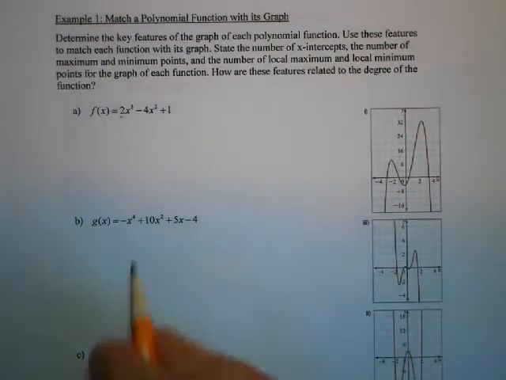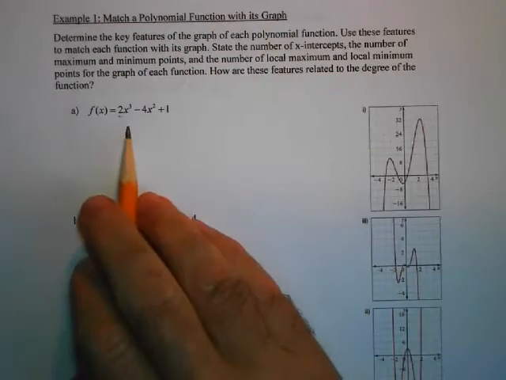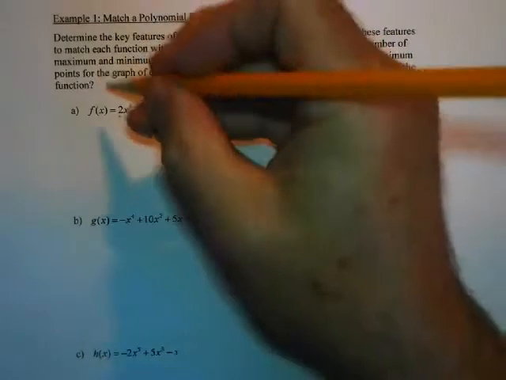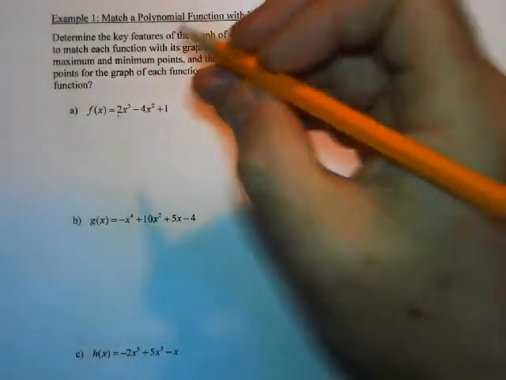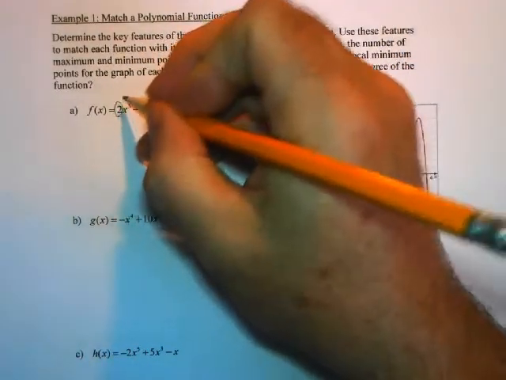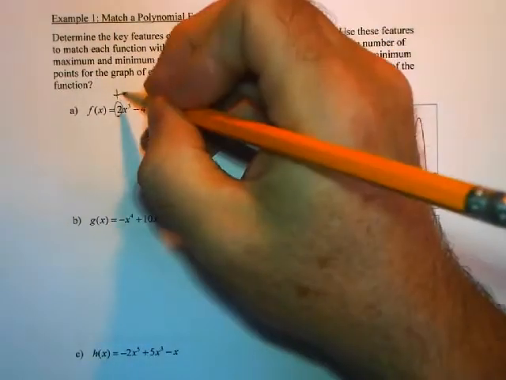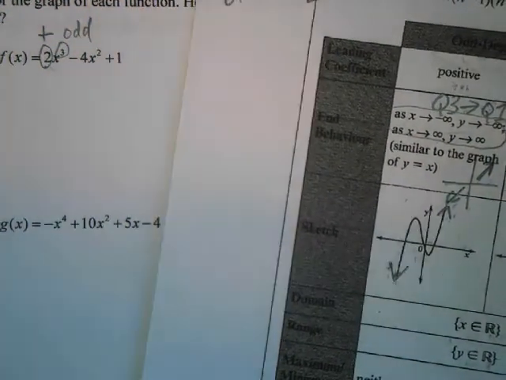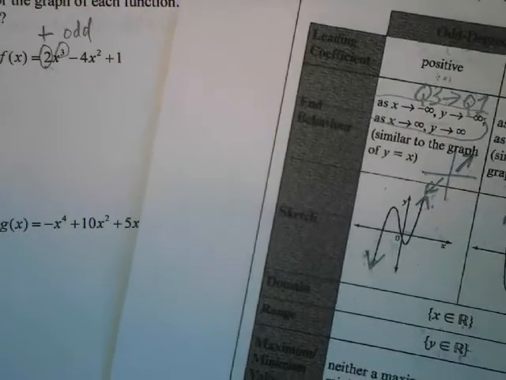Okay, so in this case, 2x cubed. What we know right here is the leading coefficient's positive and the degree is odd. So I'll just refer to the chart for this one question. The rest of it we'll just know.